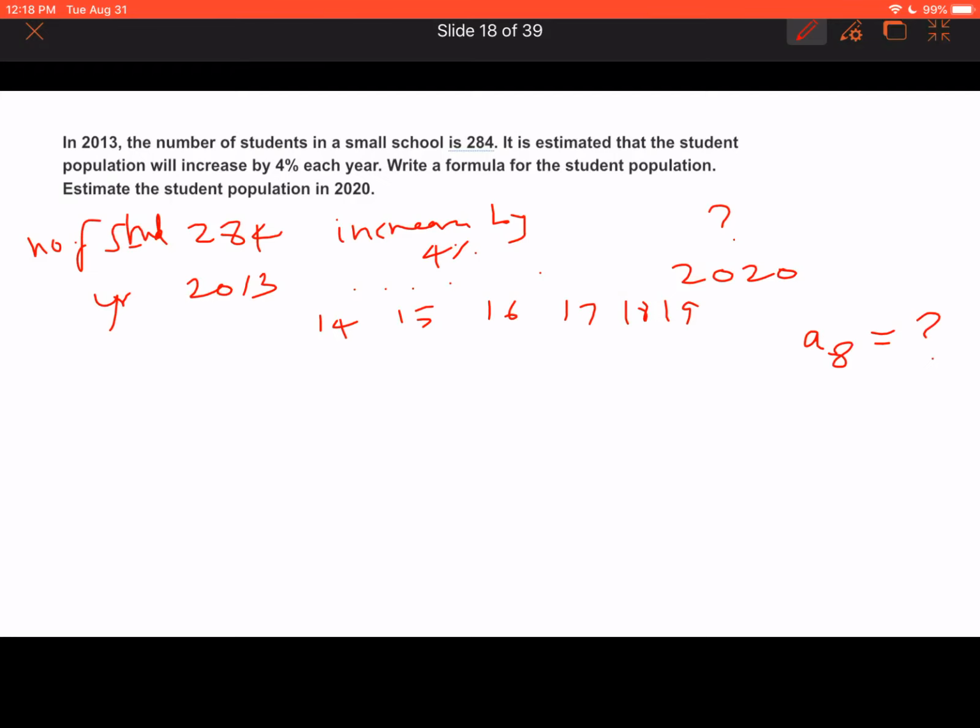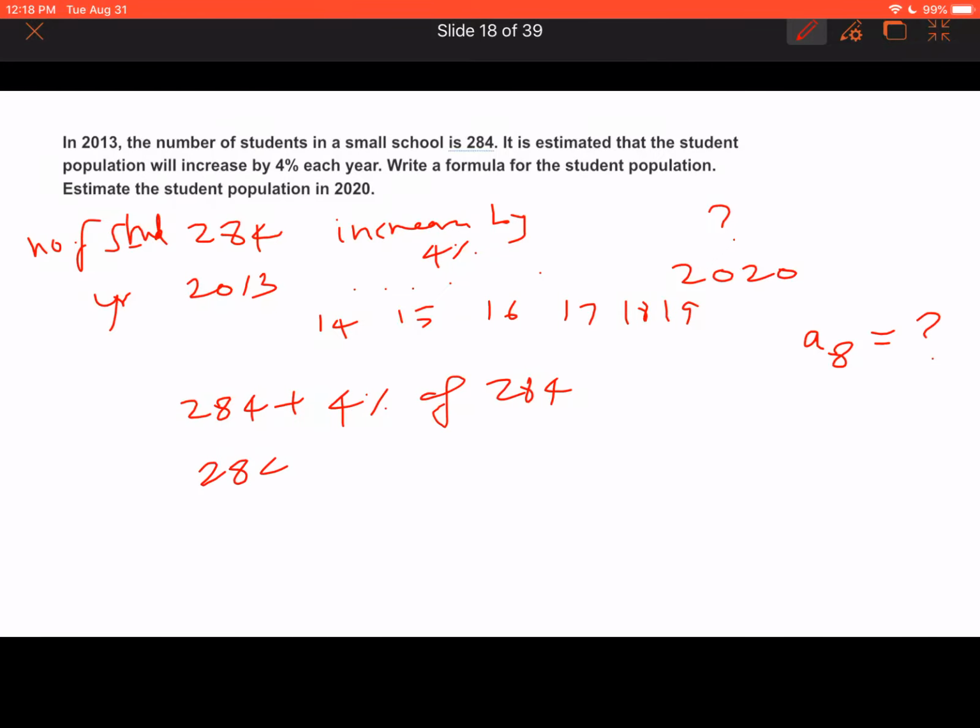For this we should know the value of A and R and N. We know the value of N, we know the value of A, so we have to find the value of R. So for the first year, 284 plus 4% of 284.